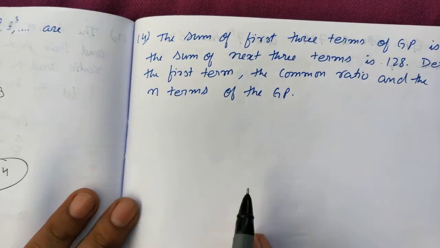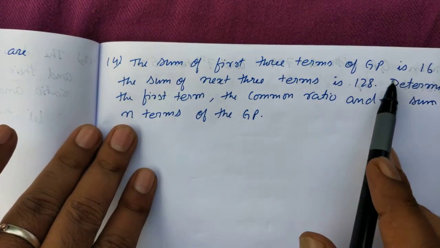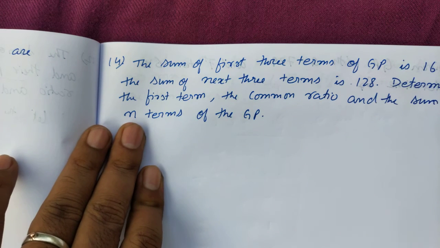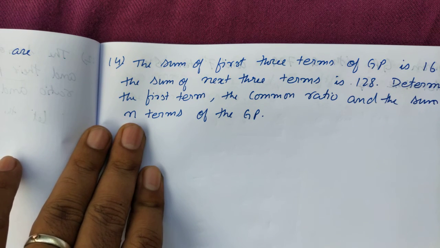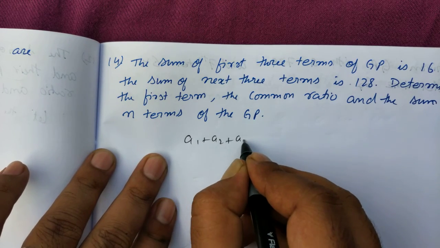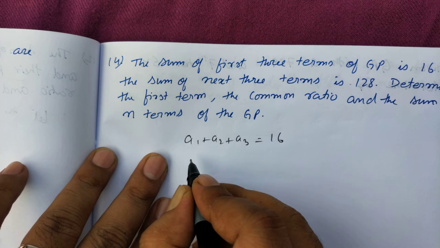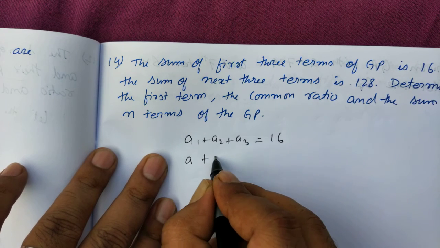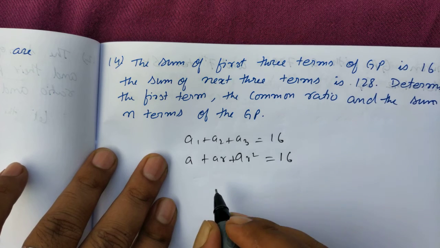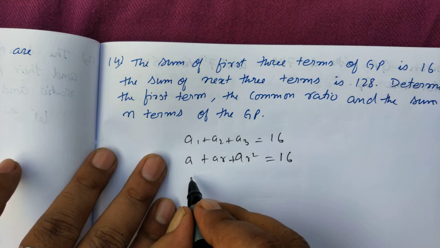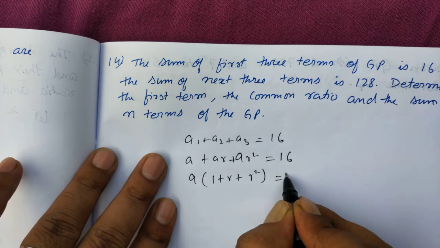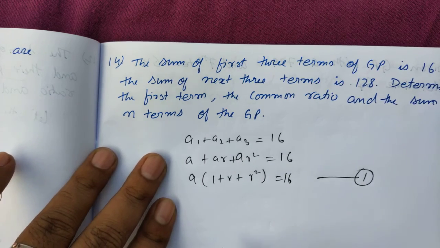Question number 14. The sum of the first 3 terms of a GP is 16 and the next 3 terms is 128. That means a1 plus a2 plus a3 is given as 16, that means a plus ar plus ar square. Here a is common, we can write a times 1 plus r plus r square equals 16. Make this equation 1.